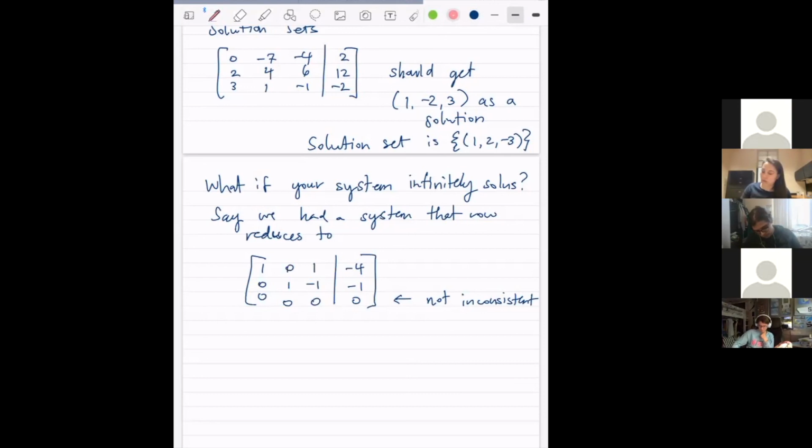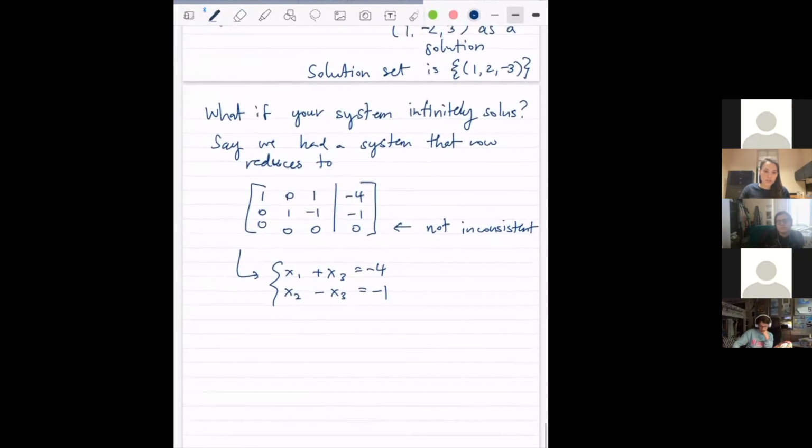And so let's just note that what we get when we write this as a system of equations, we get x1 plus x3 equals minus 4, x2 minus x3 equals negative 1, right? That's our system.